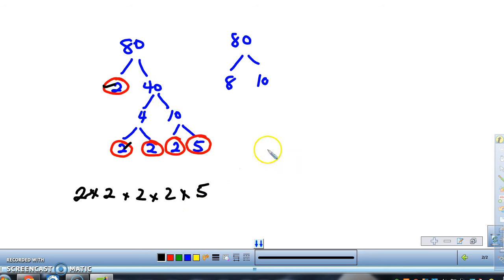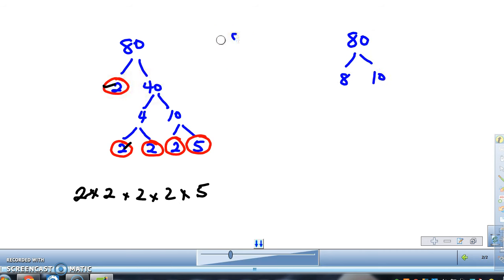Now let's look up here again where we give ourselves a little bit more room and come over here. We take the 80, and we're going to break it into 8 times 10 instead of starting with 2 times 40, and show that we come up with the same thing.